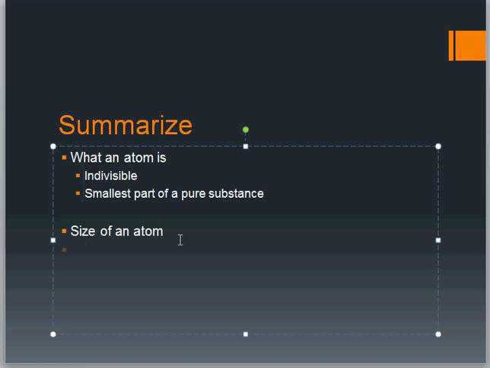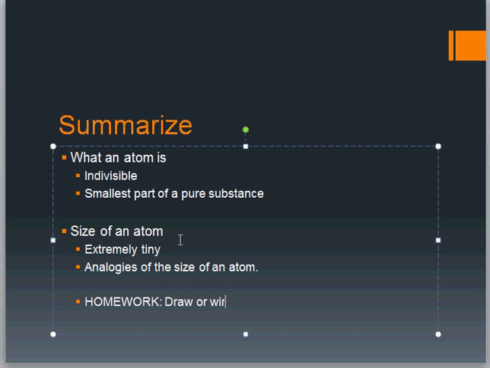And the size of an atom, it's extremely tiny. And then we've looked at analogies of the size of an atom. Okay? Your homework, if you do not finish it in class, is to draw or write an accurate analogy for the size of an atom.